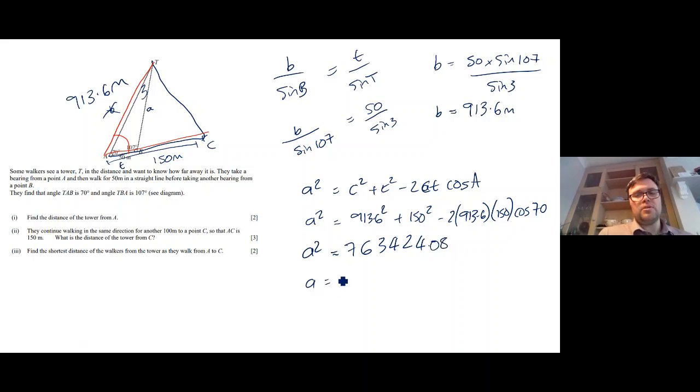So a is equal to the square root of all of this. a is equal to 873.7.